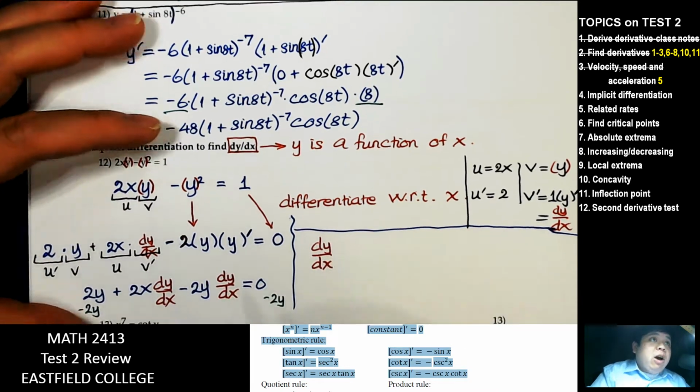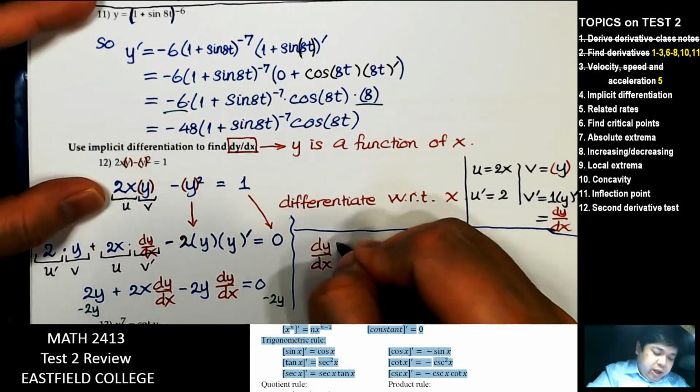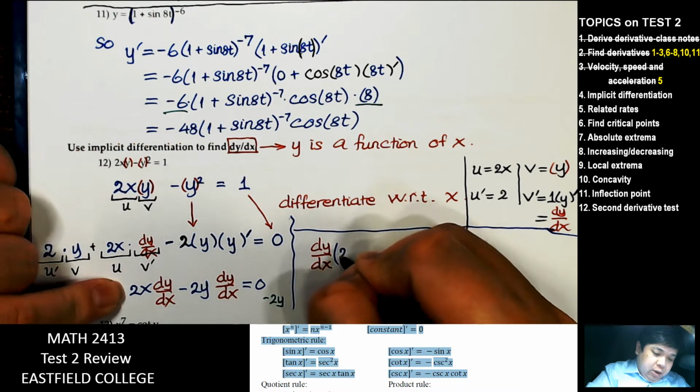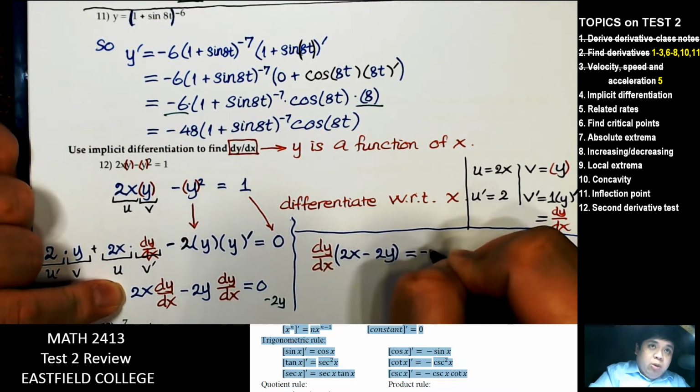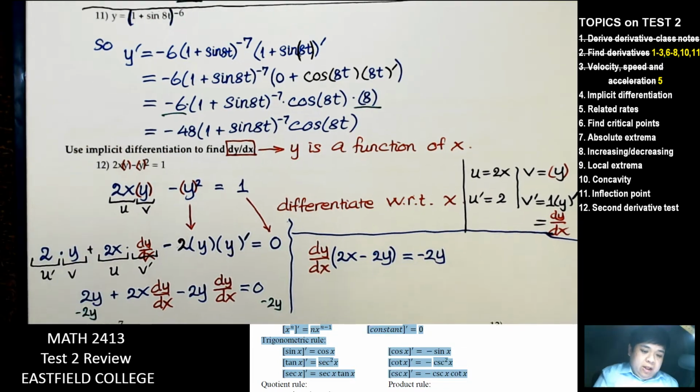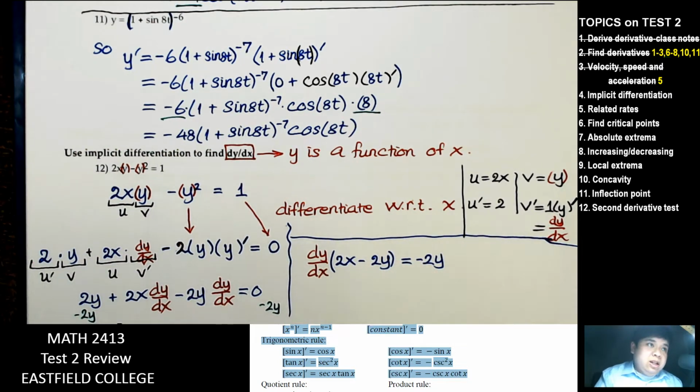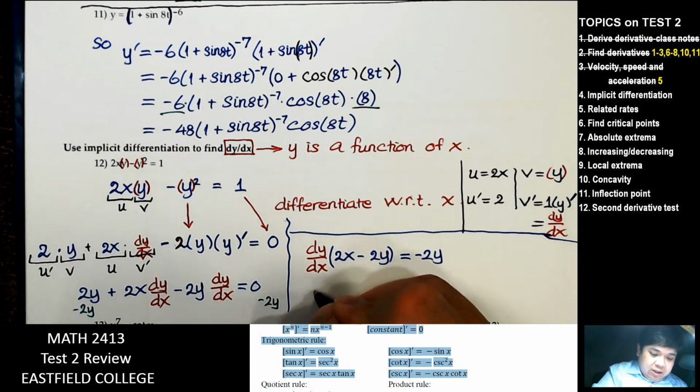If we factor out the dy over dx, we should have 2x minus 2y equal to negative 2y, and divide by the parentheses here, and we are done.